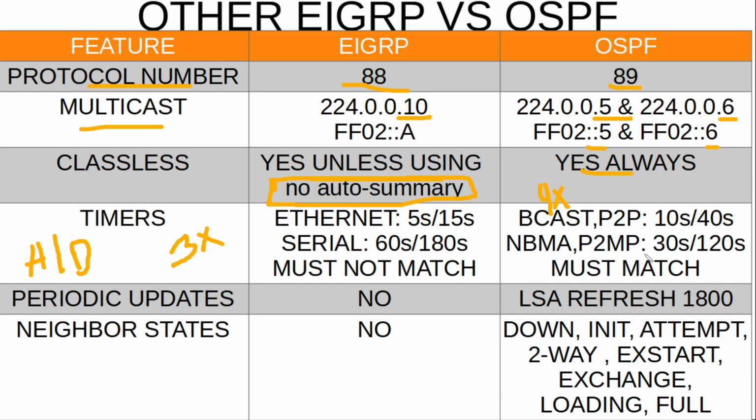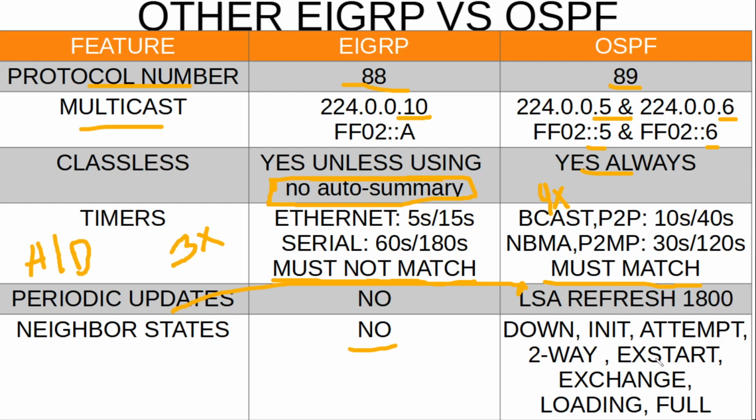For OSPF, these timers must match in order to create neighbors. For EIGRP, these timers do not need to match in order to create neighborships. OSPF will create periodic updates with a refresh for the LSAs every 30 minutes, whereas EIGRP does not send periodic updates.